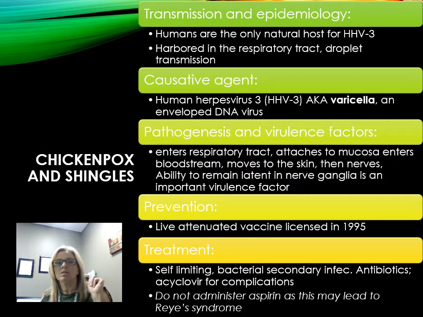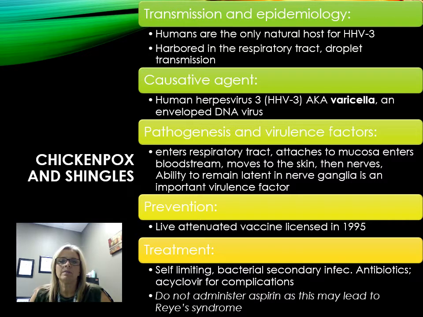Prevention here is going to be vaccination, the live attenuated vaccine. It is important to note that you must have boosters of these in order to prevent getting this as an adult, which is particularly important for males because it can cause sterility. I kind of have mixed feelings about this vaccination.